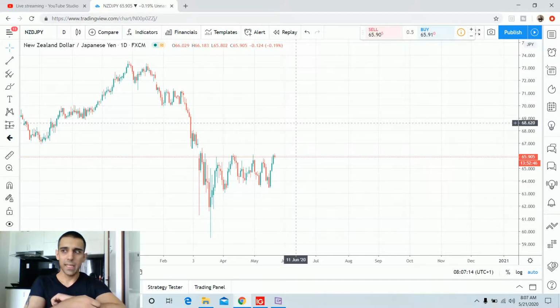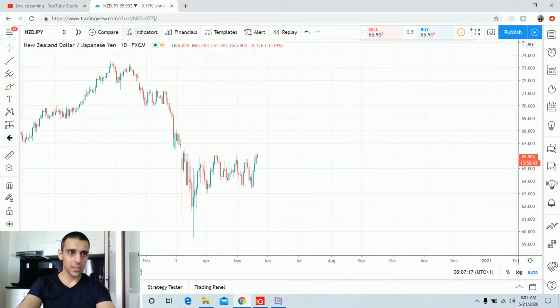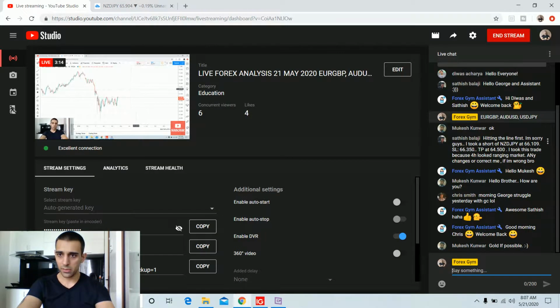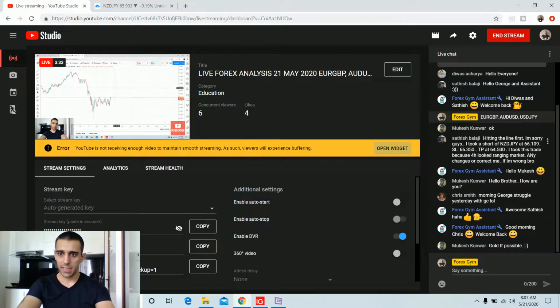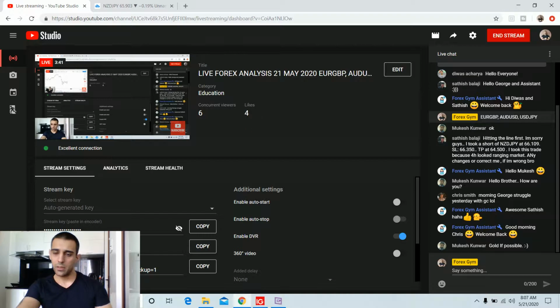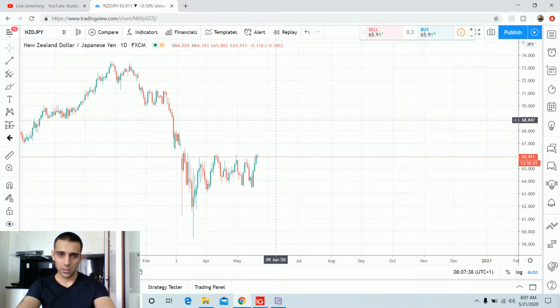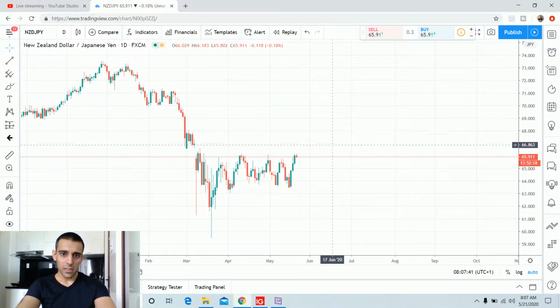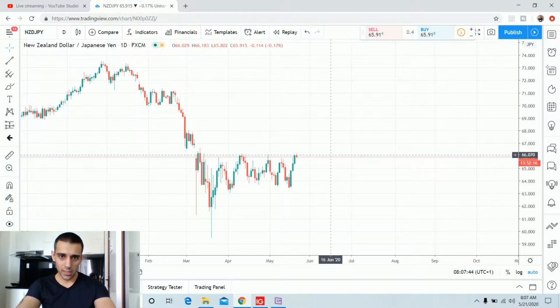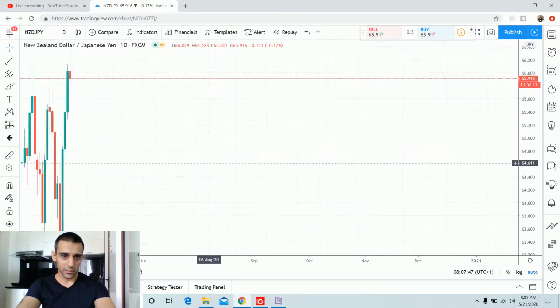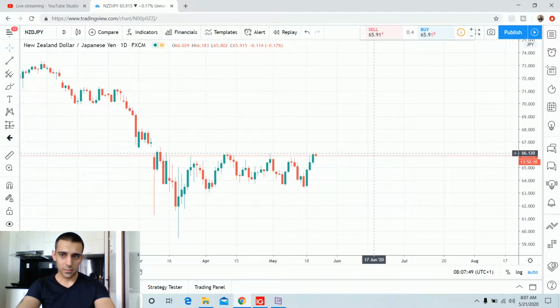Okay, so let's do NZD and Japanese yen. Saish was saying she took a trade at 66.10 with a stop loss at 66.35 and a take profit at 64. So she pretty much picked it right at the top.